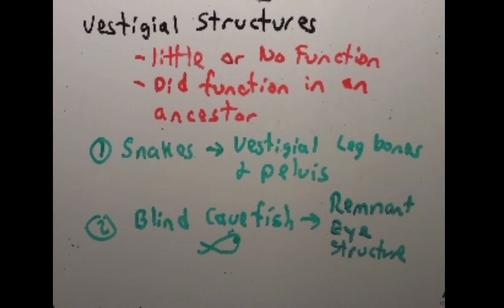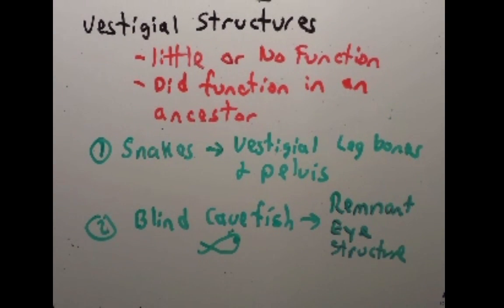If evolution occurred in such a way that these structures formed independently, not from a previous ancestor, it would seem a little odd to have a remnant eye structure in these blind cavefish or vestigial leg bones and pelvises in snakes. There would be no reason to have them if they weren't from an ancestor.